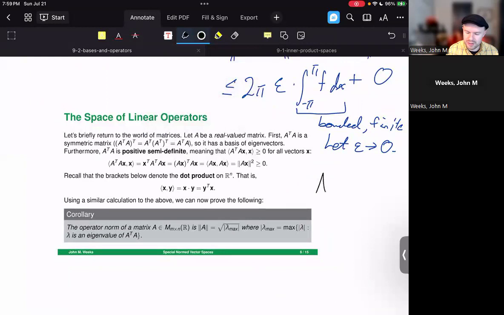If you have a matrix A, which say is an m by n matrix, then A itself maps a vector in R^n to a vector in R^m.